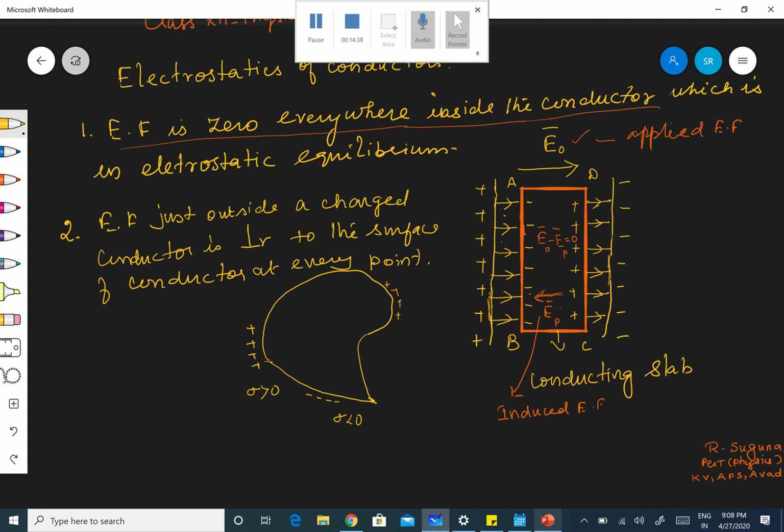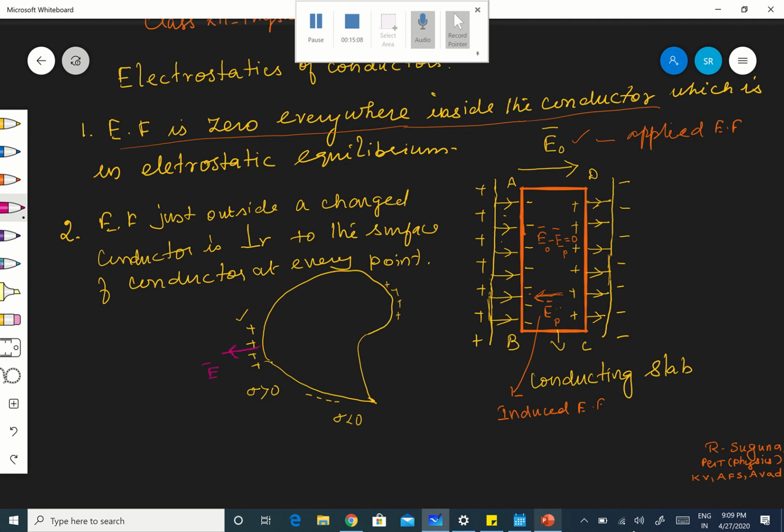Therefore, what do you say about the electric field here? In which direction will the electric field be? It is positive, so it will be in this direction. The electric field will be normal to the surface of the conductor, an outward normal, correct?